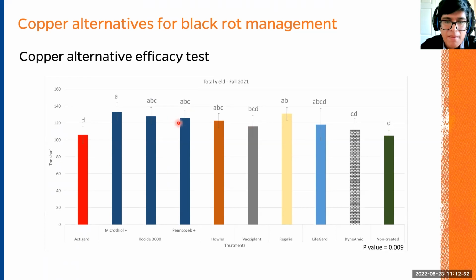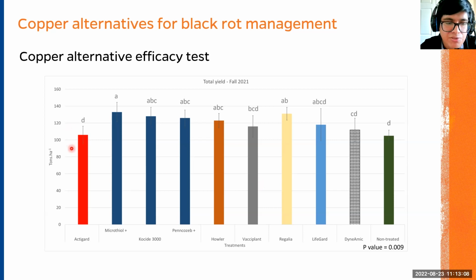In this case, we found significant difference in the total yield compared to the not-treated control. We noticed that products like COSI 3000, Howler, and Regalia significantly increased the yield.